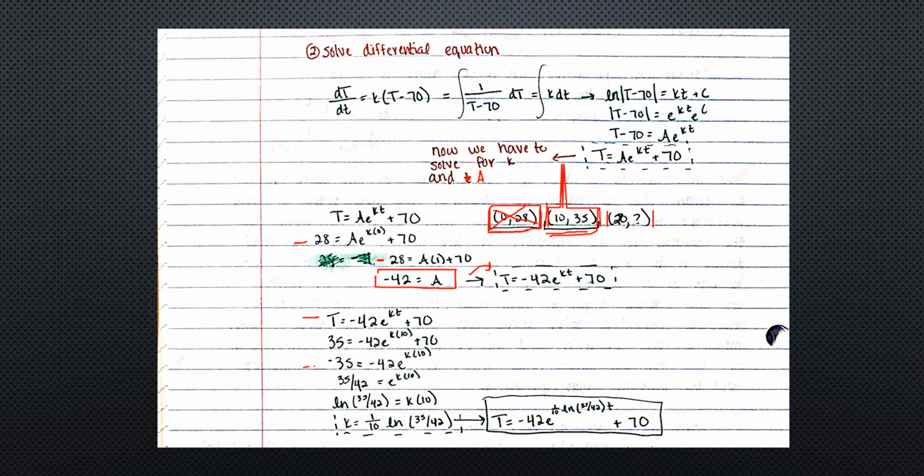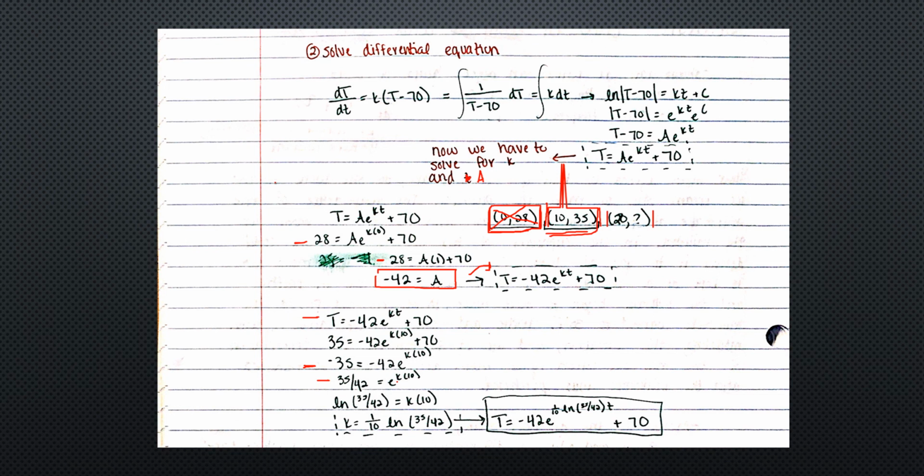We subtract 70 from both sides to give us negative 35 equals negative 42e to the k times 10 power. And we divide both sides by negative 42. And that gives us positive 35 over 42 equals e to the k times 10 power.